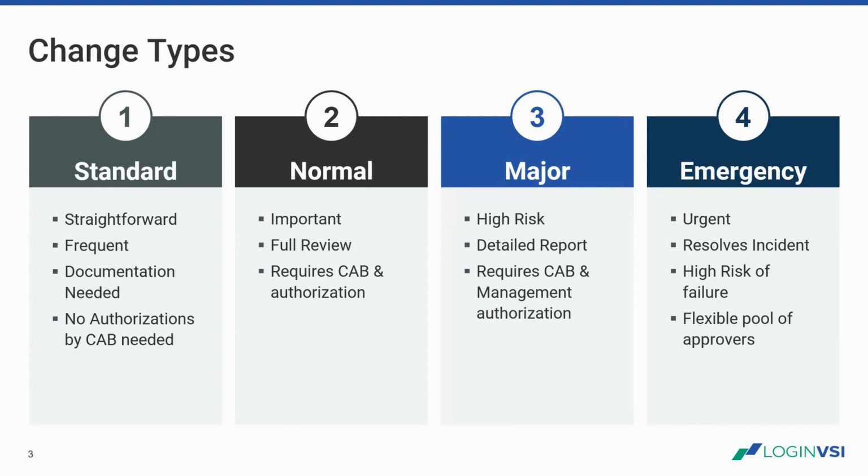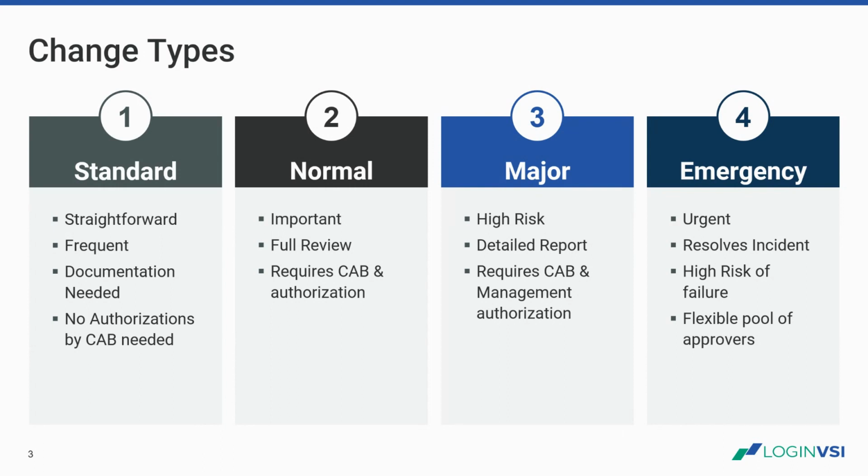Then we have our major changes, high risk changes. You need detailed reporting for high risk changes. It does require Change Advisory Board approval and management authorization. So this is something bigger, it's going to have a bigger impact, and ultimately you don't want your CIO or your C-levels coming to you and saying, what happened and why didn't I know about it?